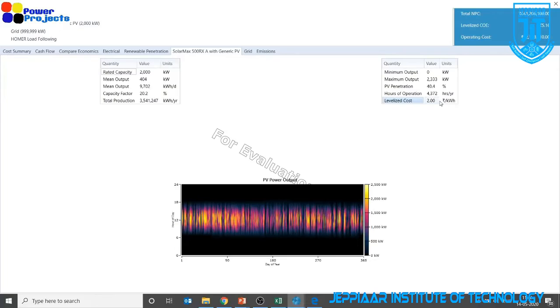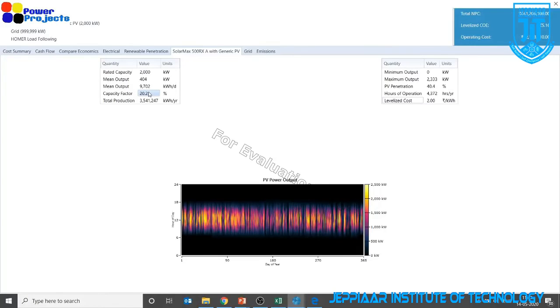But please remember, we have calculated this only for 1 year. So over the period this cost will come down, which we have not accounted for. So then this levelized cost may slightly go up, right? So rated capacity is 2000 kilowatt, mean output is 404 kilowatt. So what's the capacity factor or plant load factor, whatever you call, that is about 20.2 percent.